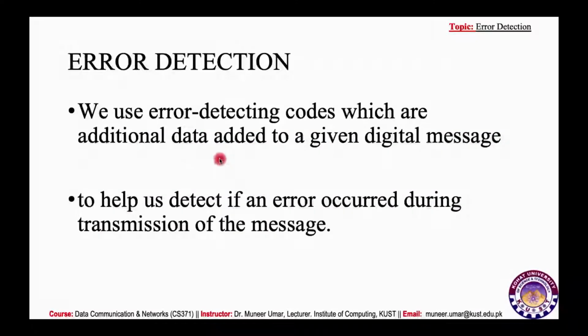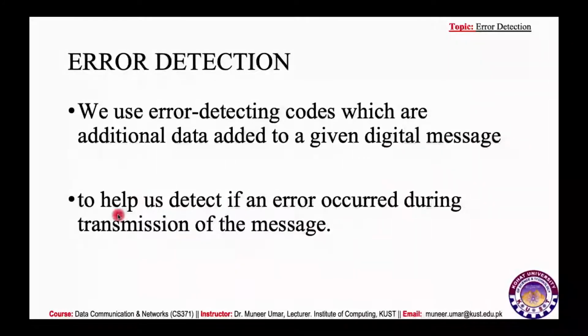Then we have error detection. We use error detecting codes, which are additional data added to a given digital message. If we are sending data, then for error detection, we also add some additional data, and that is also transmitted with the original data.